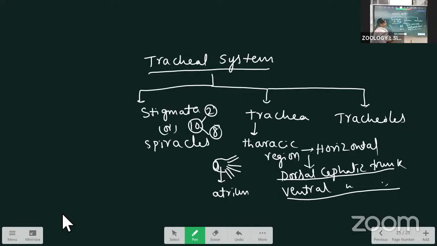Next one is the abdominal region. This one is the same as this. It is the spiracle. This spiracle opens into the atrium. The atrium opens into the trachea.